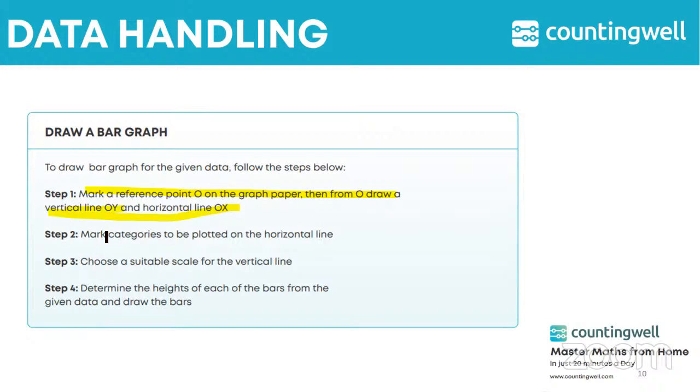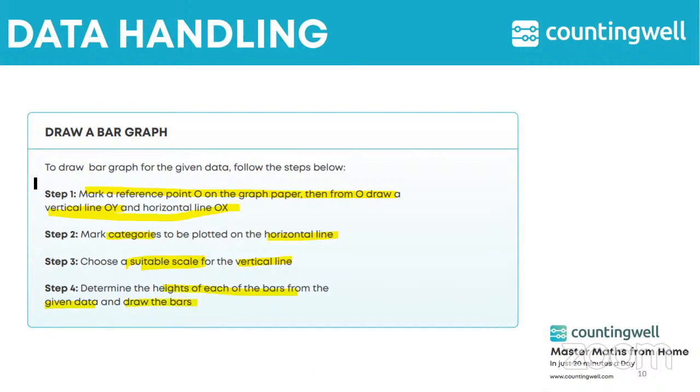We mark the categories on the horizontal axis, and a suitable scale is set for the vertical line, and the height of each bar shows the frequency of that observation or the class interval from the given data, and then we draw the bars.